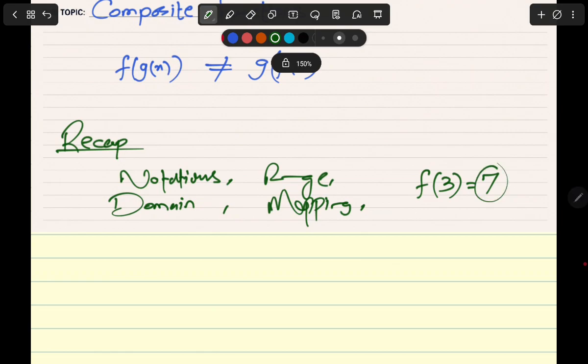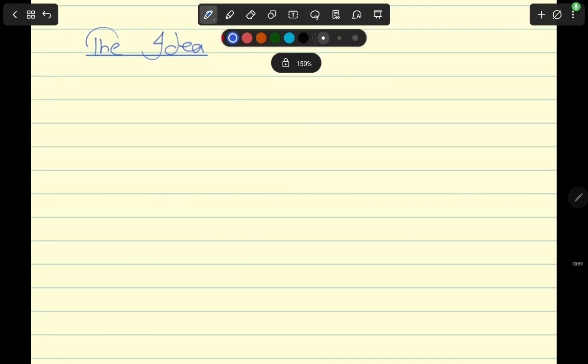Today we are going to send outputs into other functions. Now, using the same machine idea that we did in the first lesson, what does f of g of x mean?